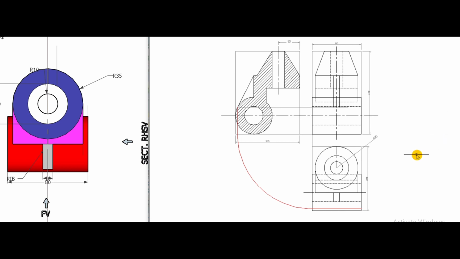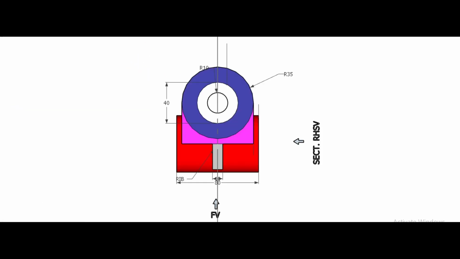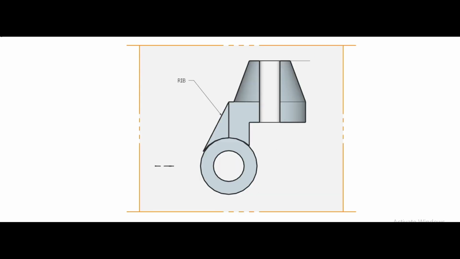Give the required dimensions. You can cross check the side view. And this is just the outline which we have to consider while drawing the sectional side view. In the top view we are not showing any hatching line.